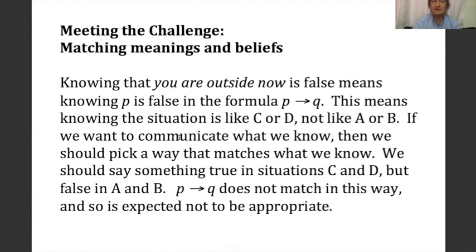This means that we know the situation is like C or D and not like A or B. If we want to communicate what we know, then we should pick out a way that matches what we know. We should say something true in situations C and D, but false in situations A and B. But P arrow Q doesn't match in this way. So it's expected to not be the appropriate thing to say.